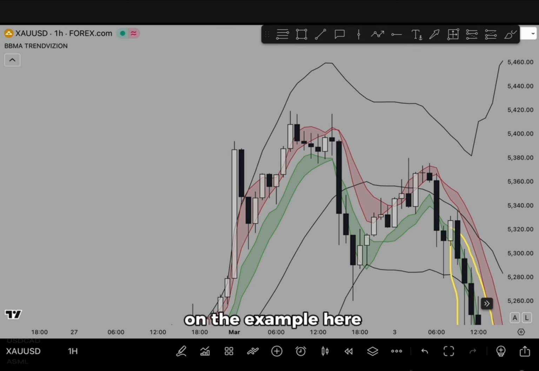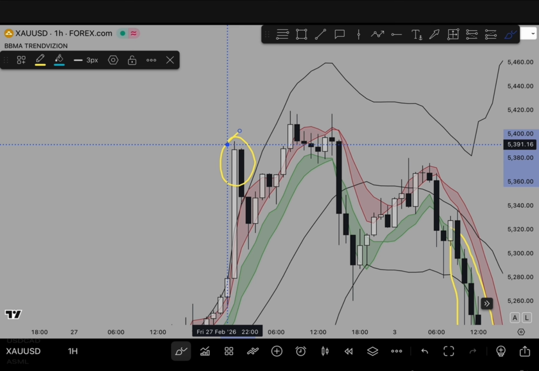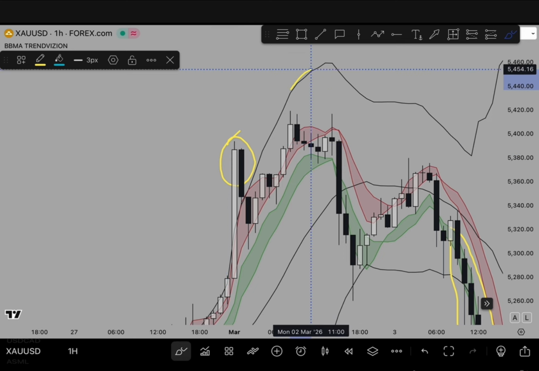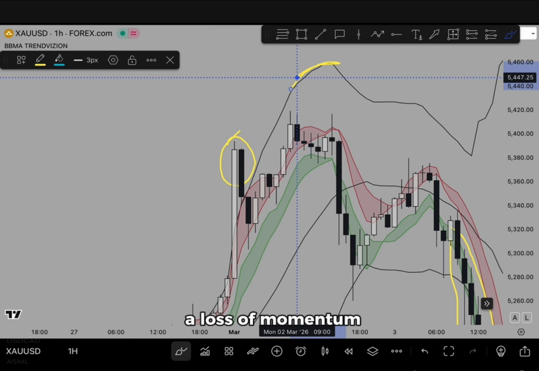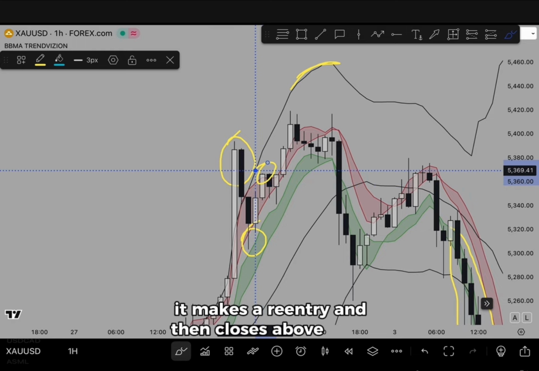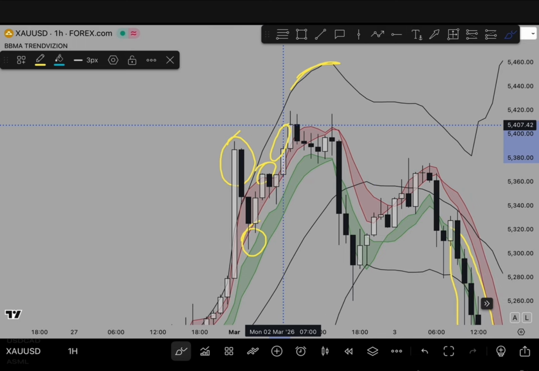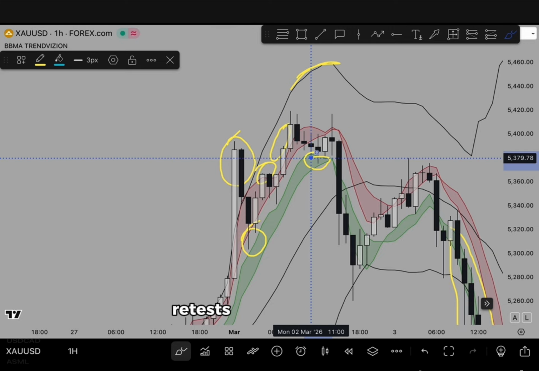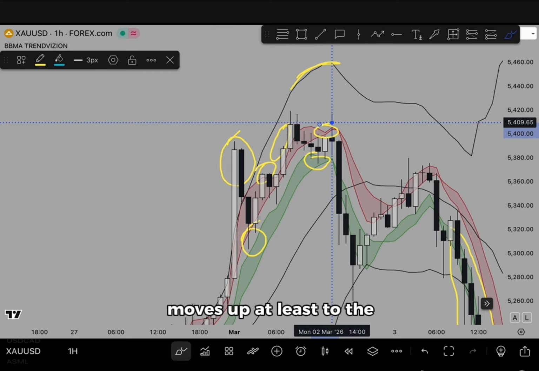On the example here, momentum, then after momentum there's a loss of momentum. After the momentum it makes a re-entry and then closes above again, like here and here, retests the low moving averages, moves up at least to the high moving averages.